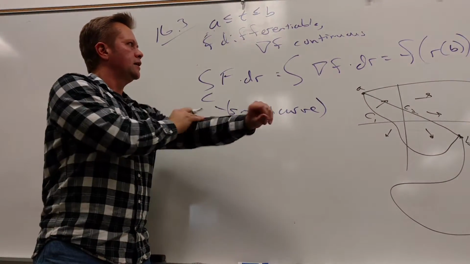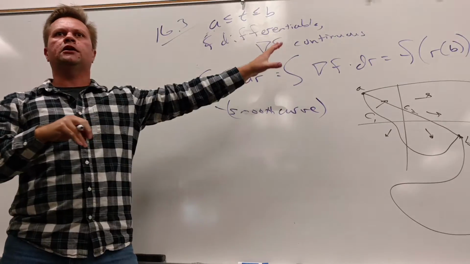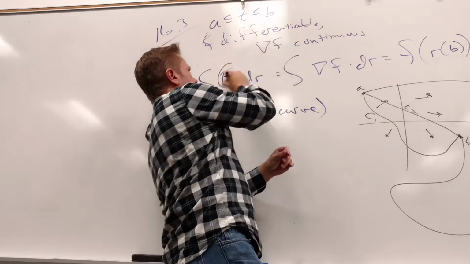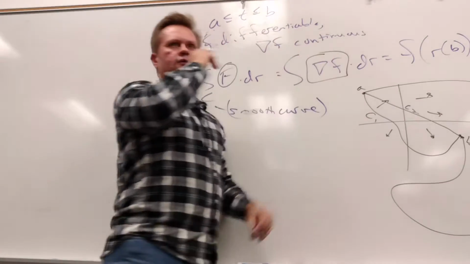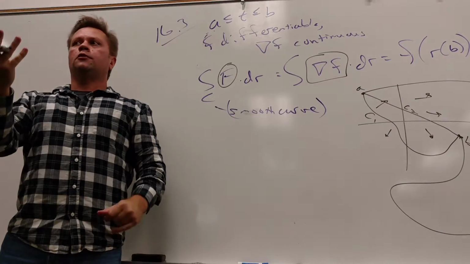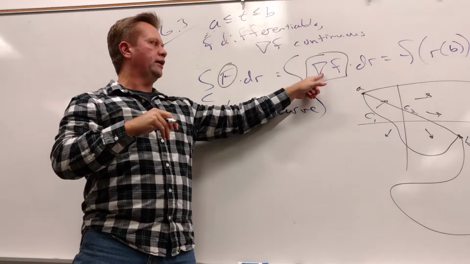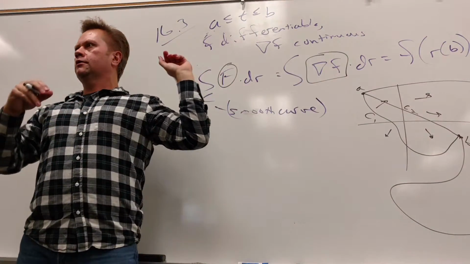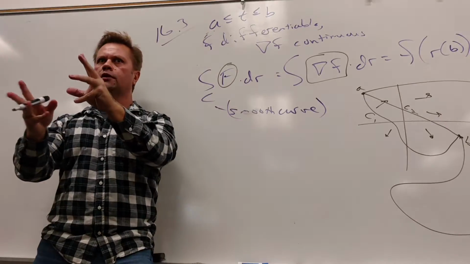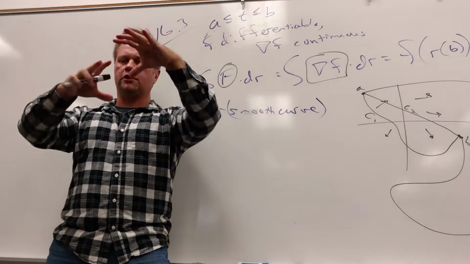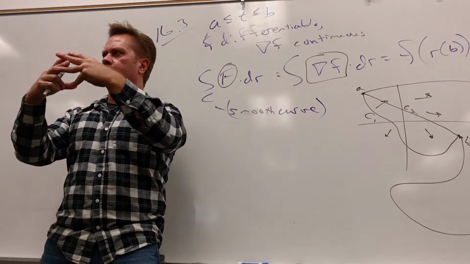But notice there's something implicit in here that kind of makes sense. The only reason this really works is because this came from this. And that's not always true. I can't always find a little f that I can take the gradient of and get this big F. That's the important thing right there. It's really weird the way it kind of ties into itself in multiple ways.